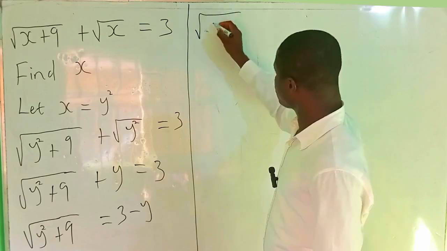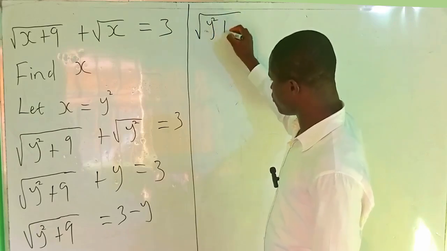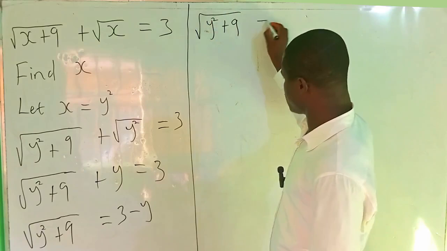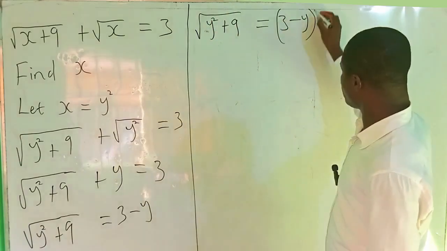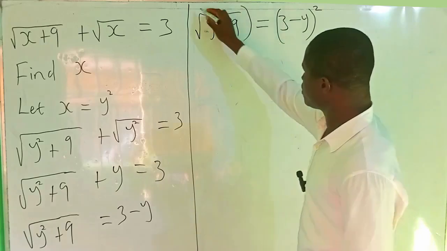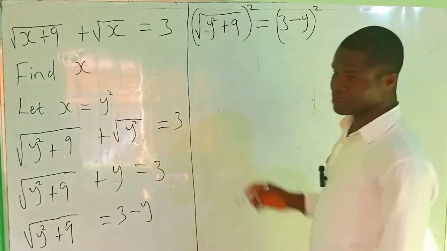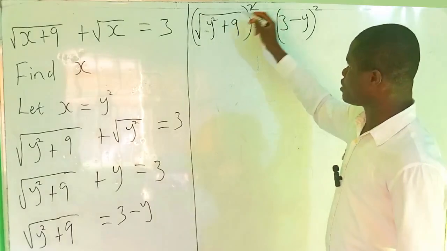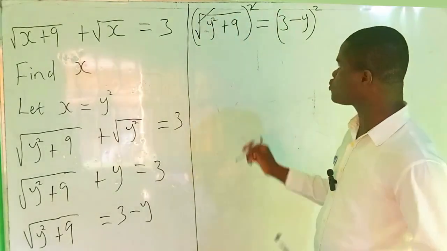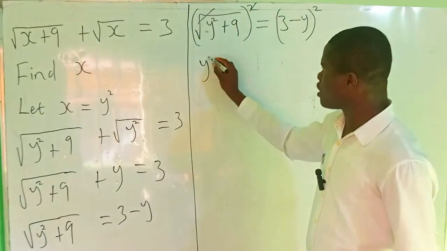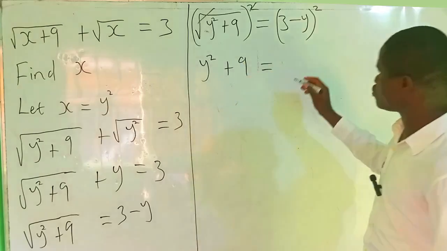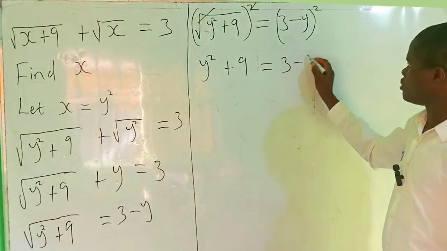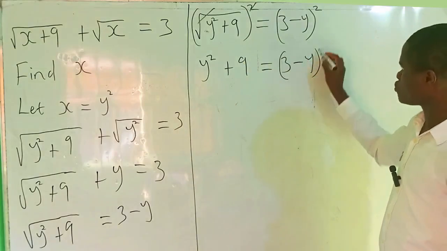We square this side, we square this side, so that we cancel the square root, and we are left with y squared plus 9 is equal to 3 minus y all squared.